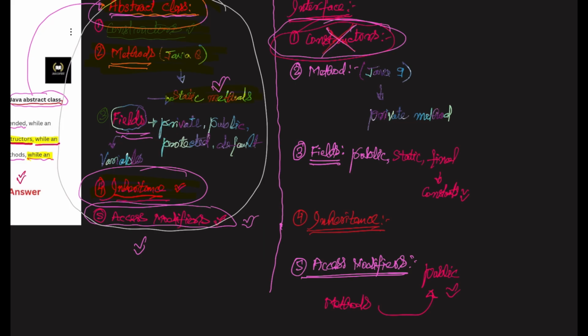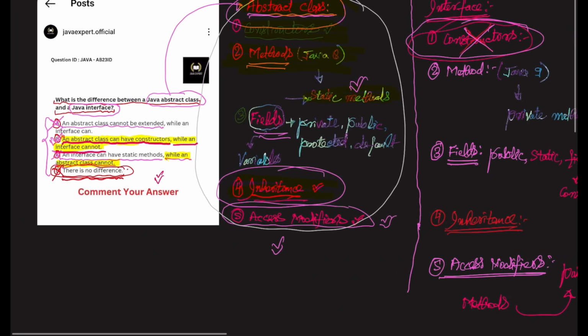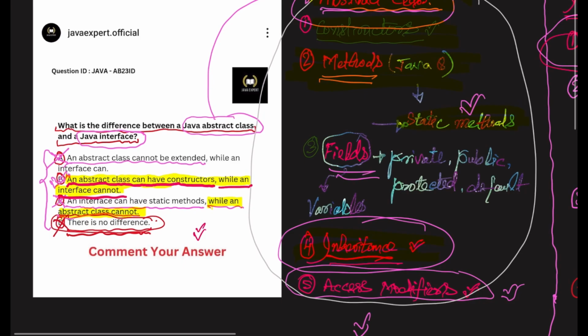No, we do not have constructors in interfaces. So this statement is correct, while an interface cannot. So that is why option B is correct.